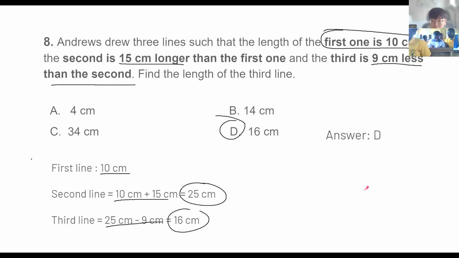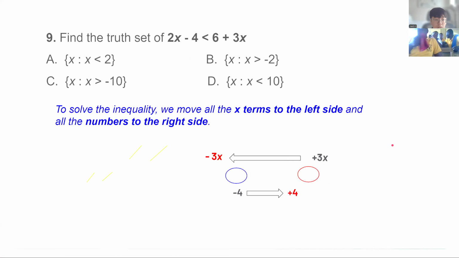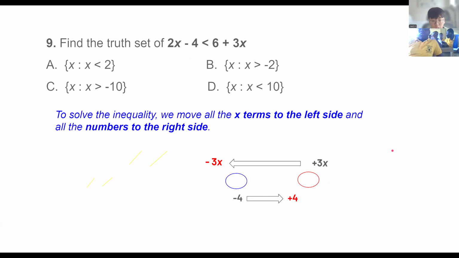Okay, now let's look at the next question. Find the solution set of 2x minus 4 is less than 6 plus 3x.